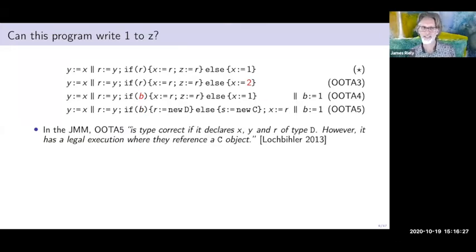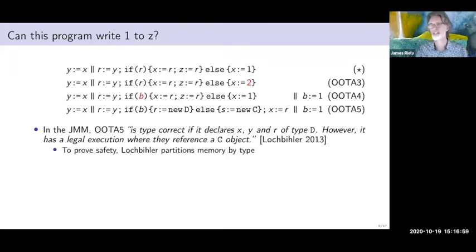So this is very similar to UDA5, which I put up here, which is from Lochbihler's 2013 study of the Java memory model. And this execution here is, according to Lochbihler, type correct if it declares X, Y, and R at type D. However, it has a legal execution in the JMM where they reference a C object. When Lochbihler knew that type safety failed for the JMM, he had to partition the memory by type in order to get type safety to go through.